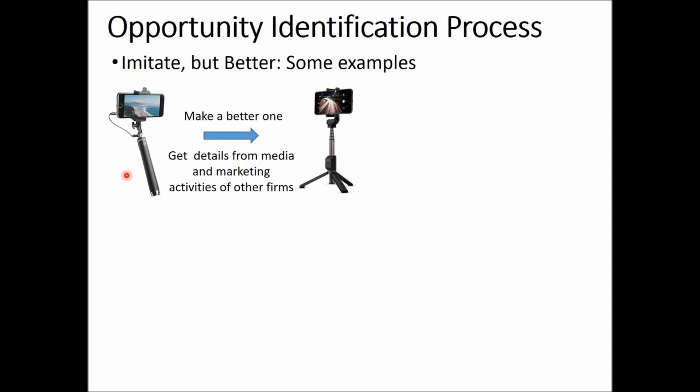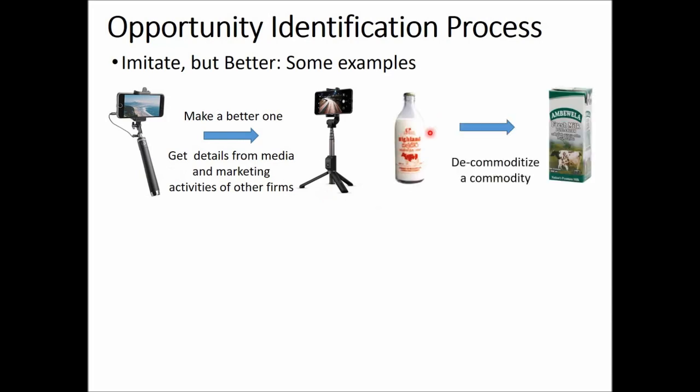Some examples for imitate but better developments. So this usual selfie stick to selfie stick with tripod. So you imitate this idea and came up with something better. And now decommoditize commodity. So this is a commodity that has been there for a while, but people were not attracted to it.